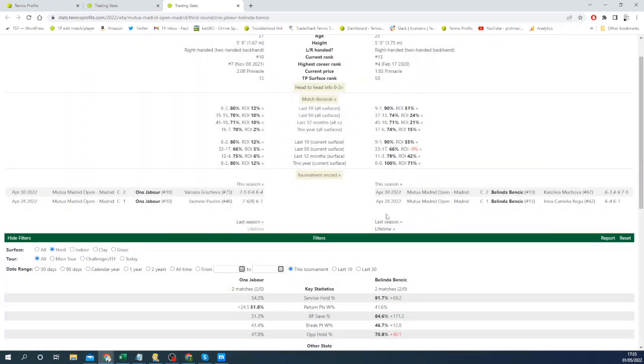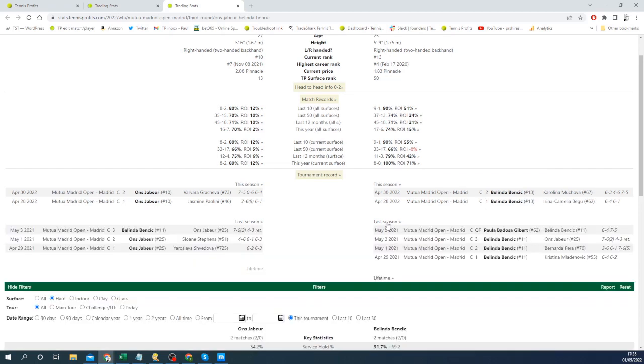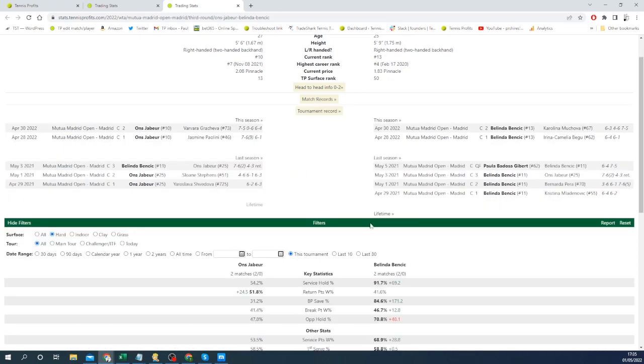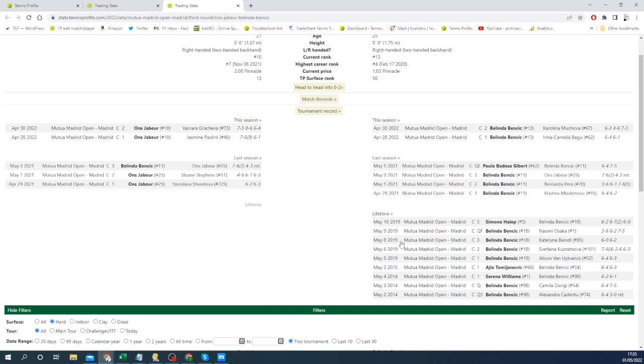So everything so far still favouring Bencic. You've also then got looking at what they did last season. So as we saw when we looked at the breakdown of the last 50, Bencic quarterfinals last year, 3rd round for Jabeur. And then you can also look at the lifetime results at this tournament.